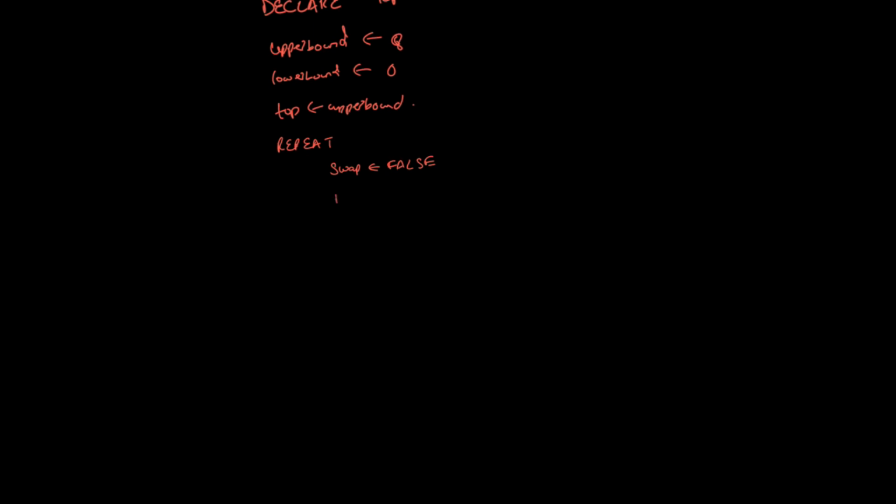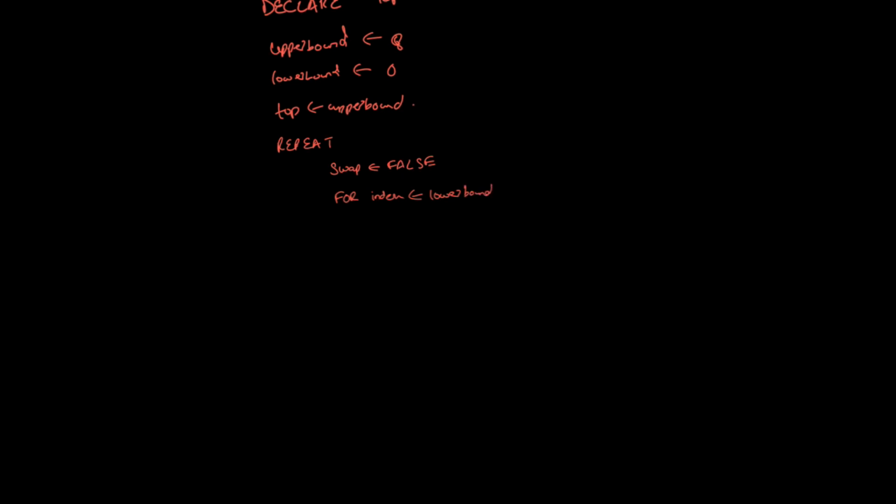So I'm going to use a for loop now. For index, lower bound, okay, I used equals to, instead I'm going to use an arrow. For index from lower bound to top minus 1, my bad.